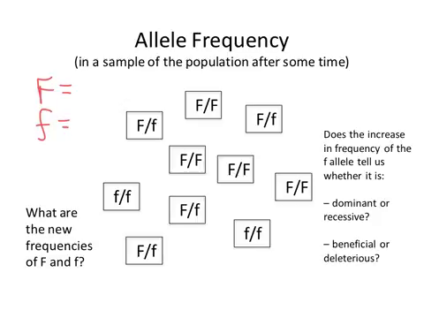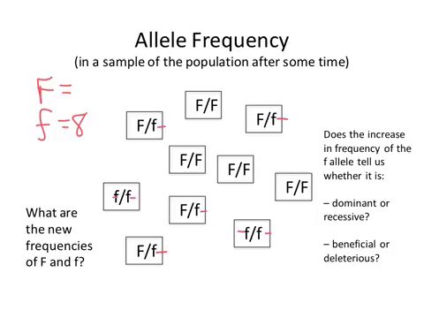How many little f's are there? 7. So just count them. 1, 2, 3, 4, 5, 6, 7. I got 8. So 8 little f's. How many individuals are there? 10.